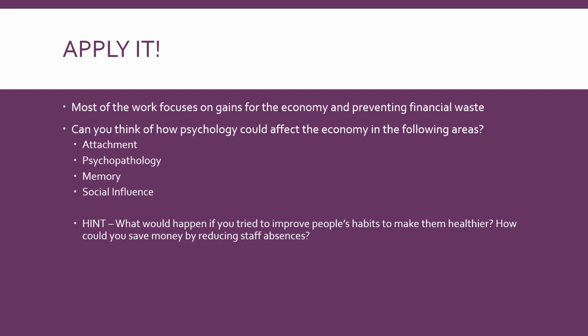So attachment, if we have securely attached babies in the world, then it means that we have to spend less money on helping these children as they grow up. It means we have to spend less money on social work, that we have to spend less money on interventions to help these children because they're securely attached and they're happy, and we don't need some of the interventions that we need when children are unfortunately abused or neglected.